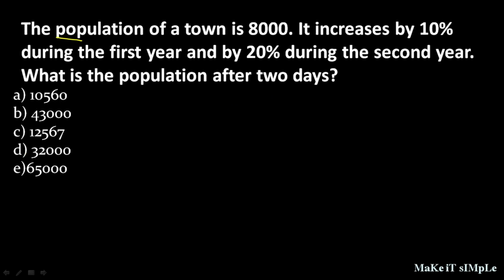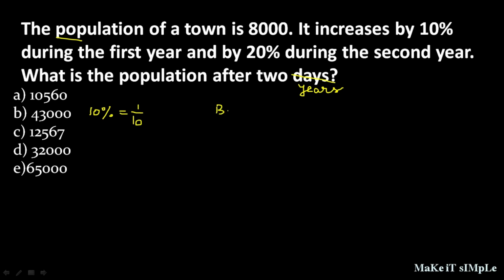The population of a town is 8,000. It increases by 10% during the first year and by 20% during the second year. What is the population after 2 years, not days? Okay, 2 years. In the first year, the change increases 10%, that is 1 by 10.